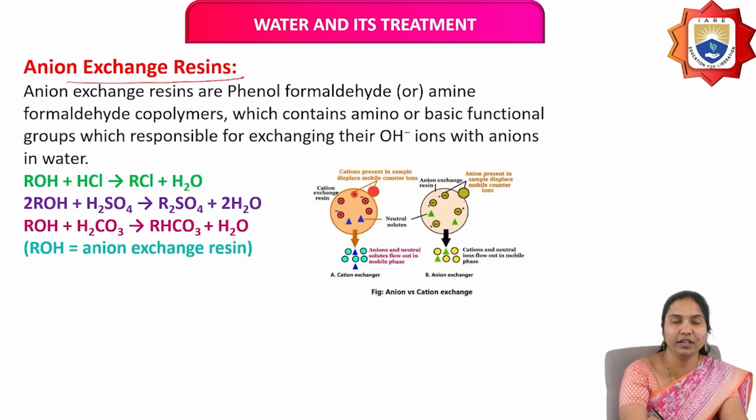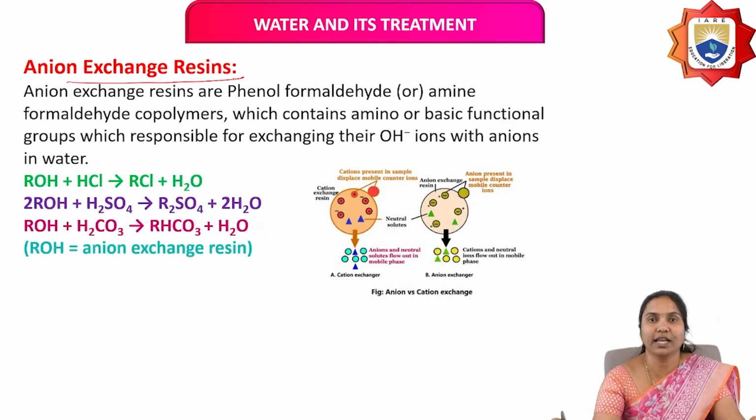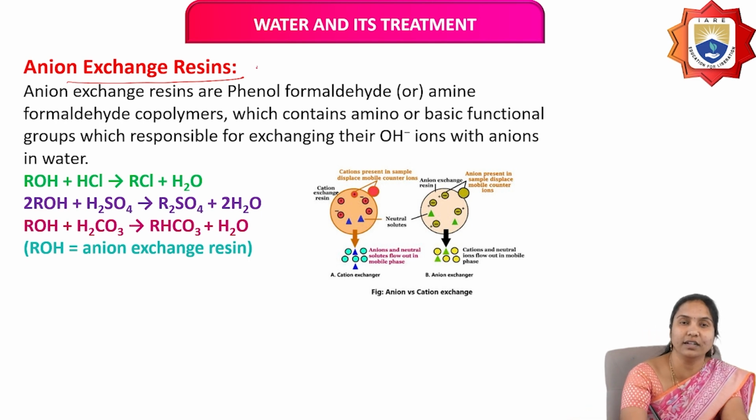Next, anion exchange resin. In this ion exchange method, in this process generally we are using two types of resins: cation exchange resin and anion exchange resin. So what is the functioning of the anion exchange resin? Its functional group is ROH.